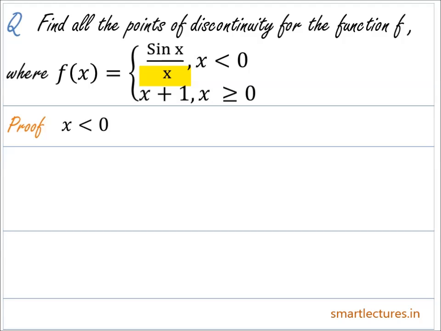So for x less than 0, f of x is equal to sin x upon x, where both sin x and x are continuous functions. As per the properties of continuous functions which we learned in the previous episodes, the quotient of two continuous functions is also a continuous function. So that means the function f of x defined by sin x upon x, where x is less than 0, is a continuous function.